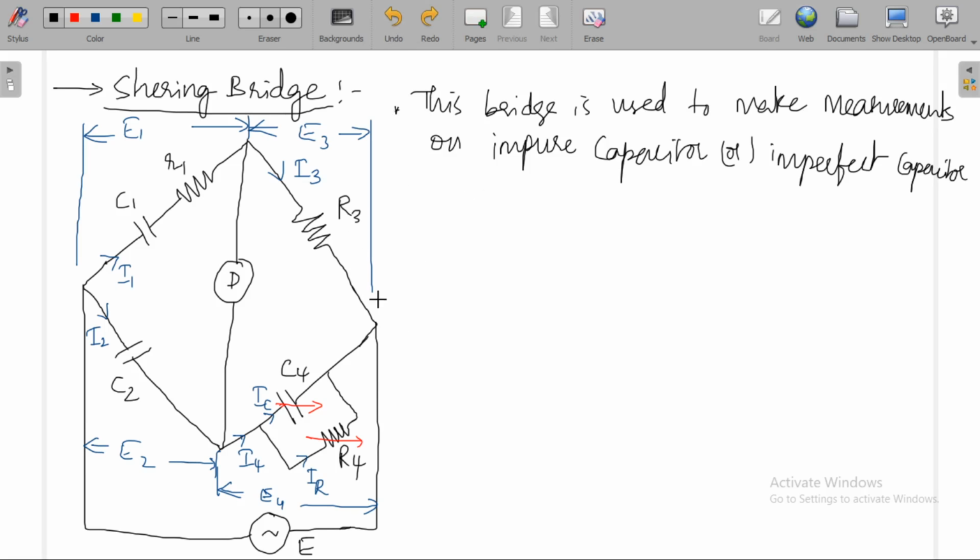Now, what is this R1? First, the capacitance to be measured is C1.